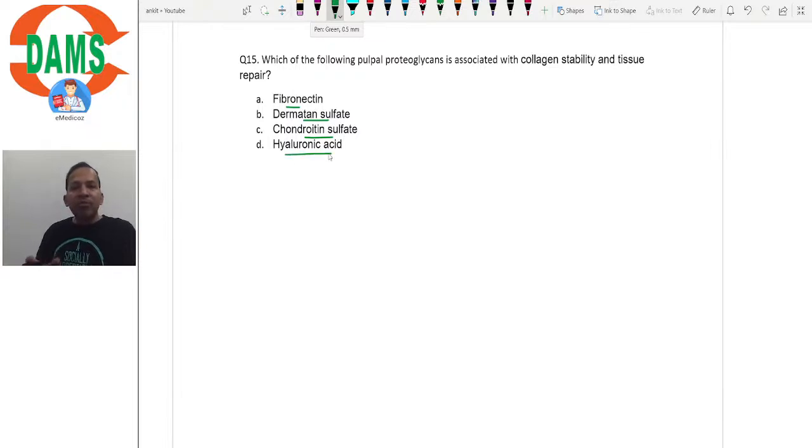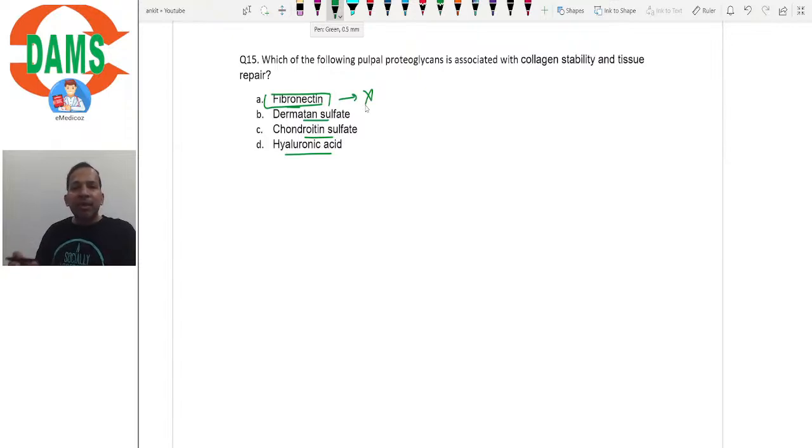Right? So which of these is associated with collagen stability and tissue repair? First of all, fibronectin is not a proteoglycan, so we can easily rule out option A, isn't it?